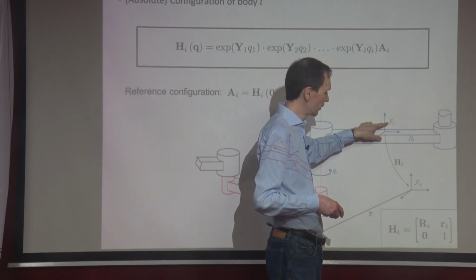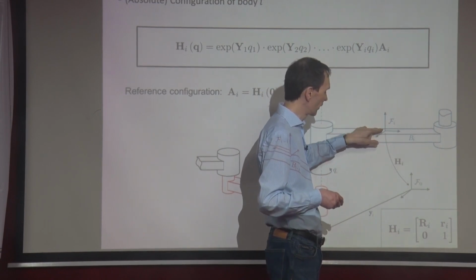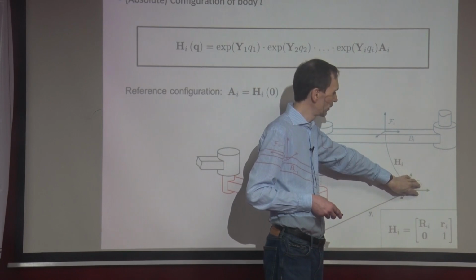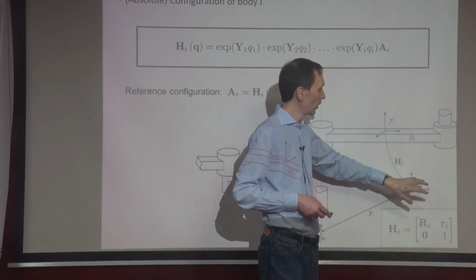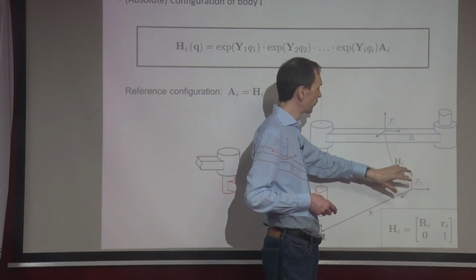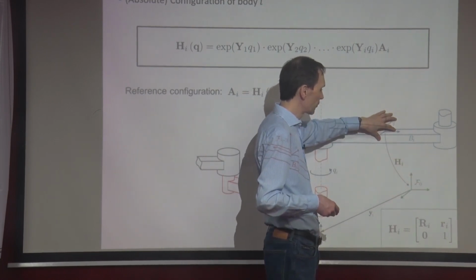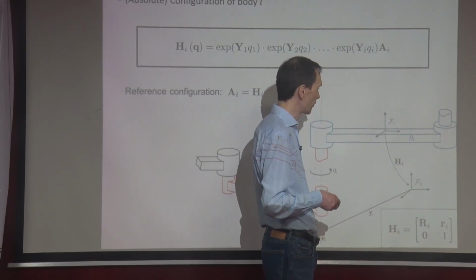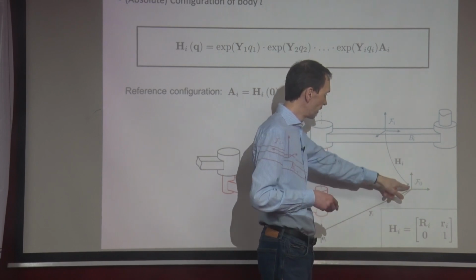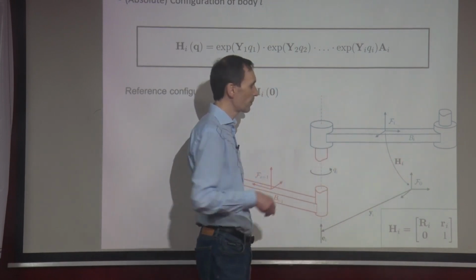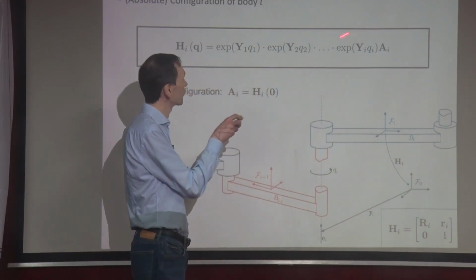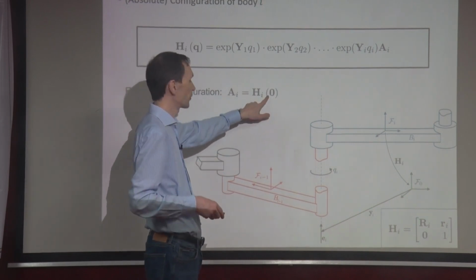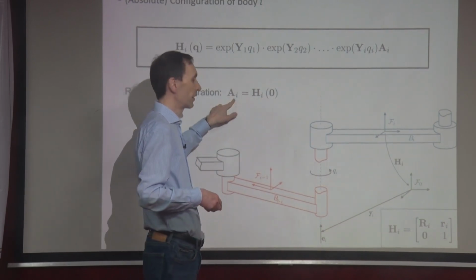It's pretty simply done, because I know how this frame is moving because of all the joint motions, but before that I have to relate it to the initial pose of this F_i. I take this H_i at the beginning, H_i(0), and I call it A_i.